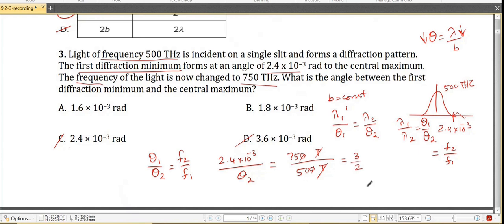So theta 2 will be equal to, making theta 2 the subject, 2.4 times 10 to the power negative 3 multiplied by 2 upon 3. 2.4 divided by 3 gives me 0.8, because 8 3s are 24. And 8 2s are 16. So it is 1.6.